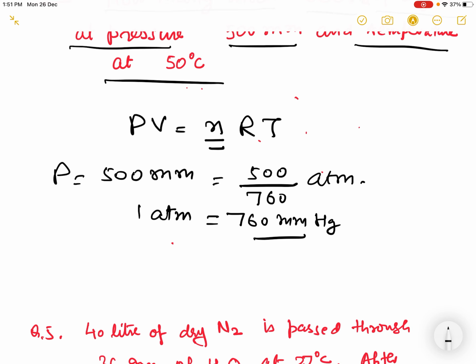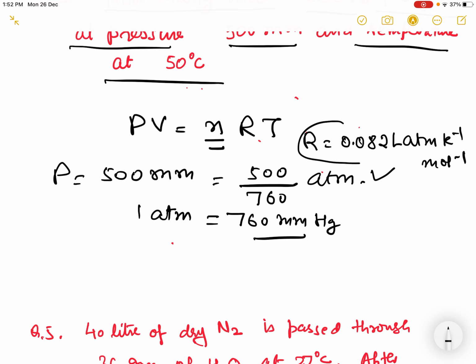Now P is equal to this much. R, we know R is 0.082 liter atmospheric per Kelvin per mole.